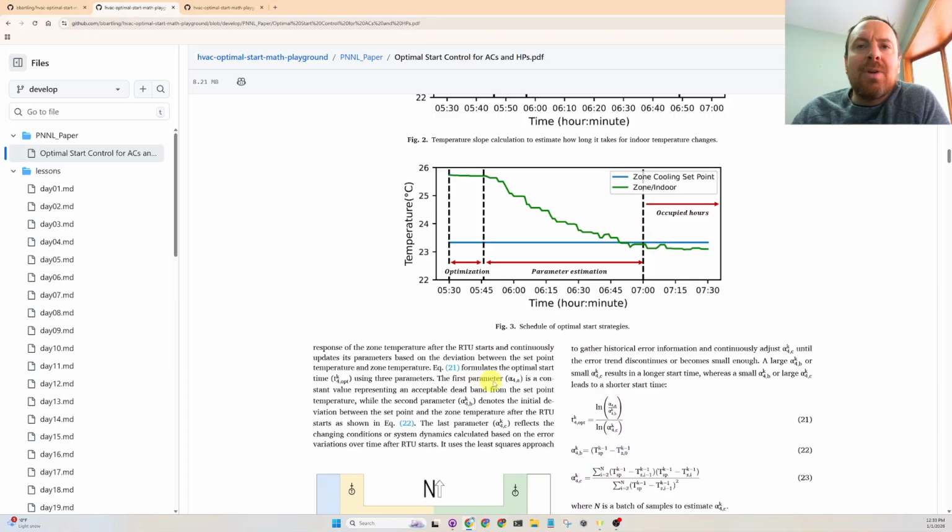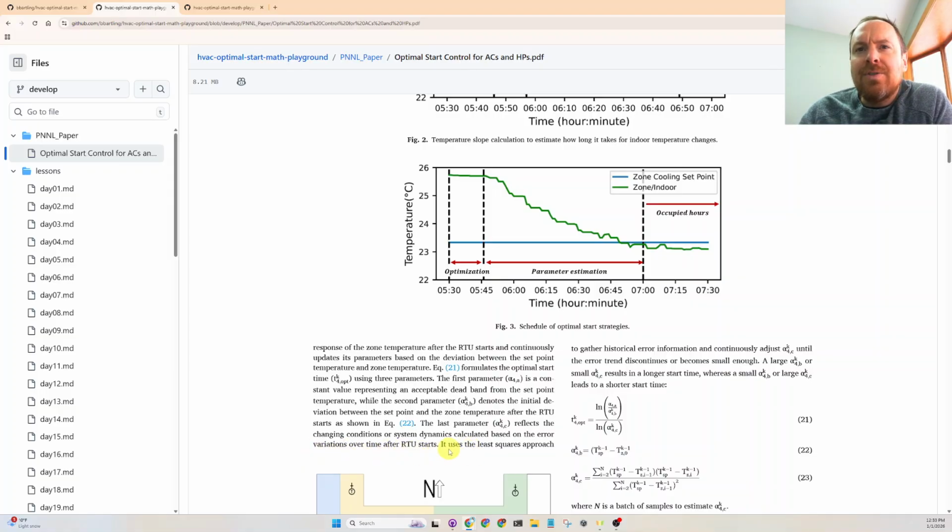So, the first parameter, alpha A, is a constant value representing an acceptable deadband. Yeah, it looks like the AI pulled this right out of the paper and put it in our AI-generated coursework. While the second parameter, alpha B, denotes the deviation between set point and zone temperature. And the last parameter reflects the changing conditions, the dynamics calculation based on the air variations over time after the R2 start.